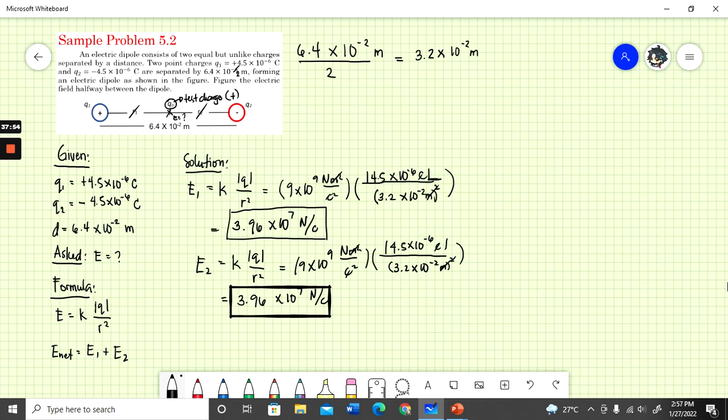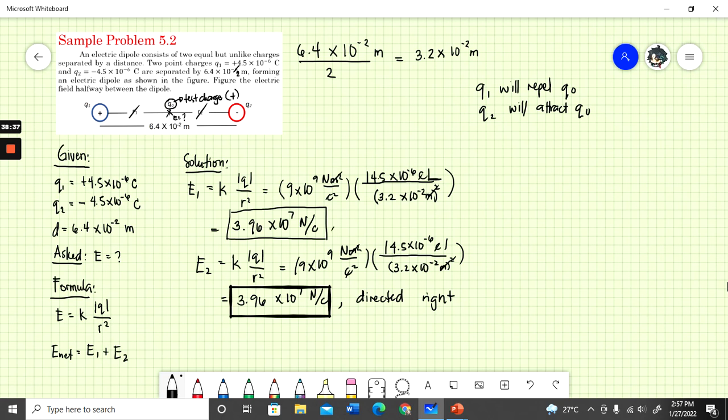When you add a test charge on anything, it's always going to be positive. So Q1 will repel Q0, and we know the charge Q2 will attract Q0. Hence, we know that E2 is directed to the right, because it will attract Q0.